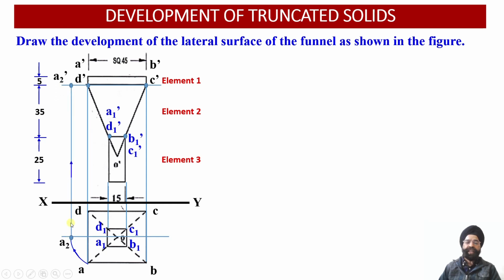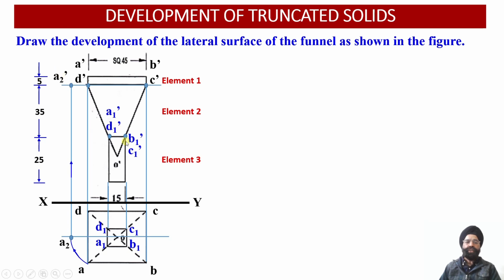Now if we project it into the front view projections, using the principles of rotation of the line method, onto the locus line corresponding to the point A dash, the intersection of the horizontal locus line through A dash and the vertical projector line emerging from A2 of the top view projection provides us the location of the point A2 dash in the front view.